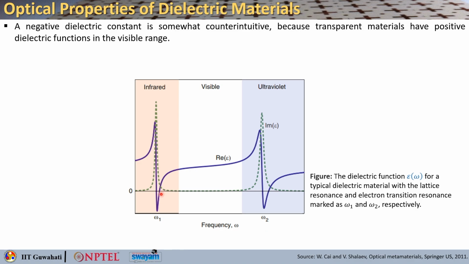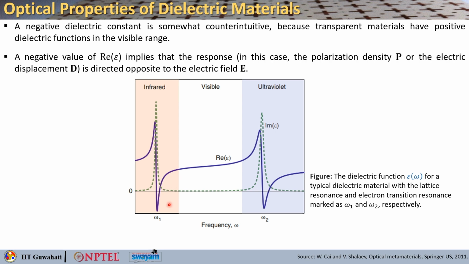Now, when you get this negative dielectric constant, that is somewhat counterintuitive, because transparent materials have a positive dielectric function in the visible range.